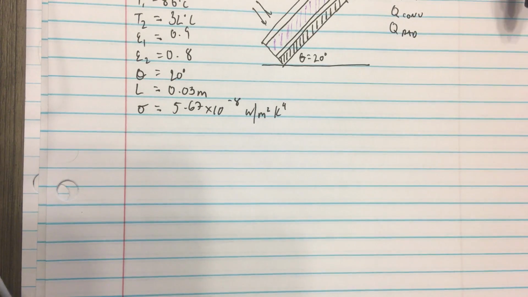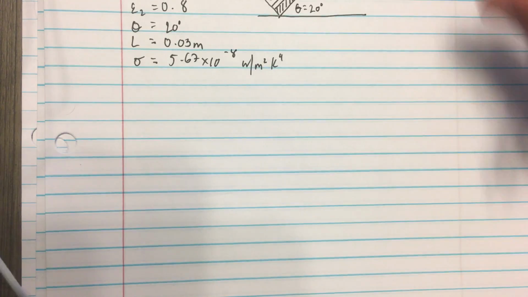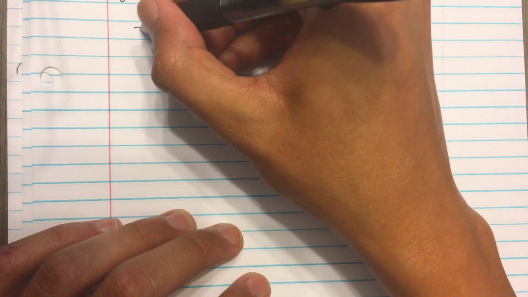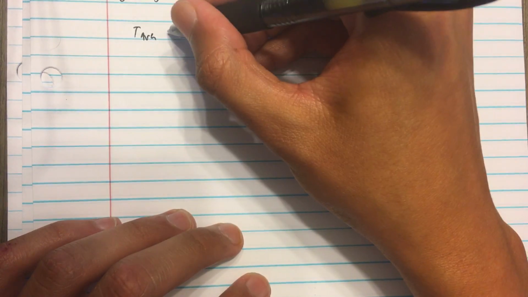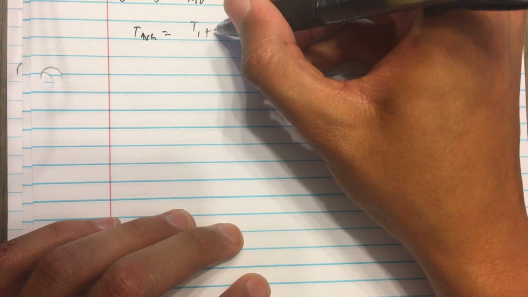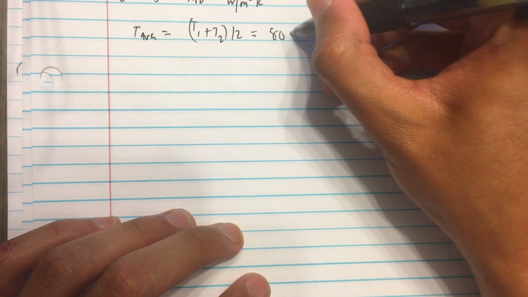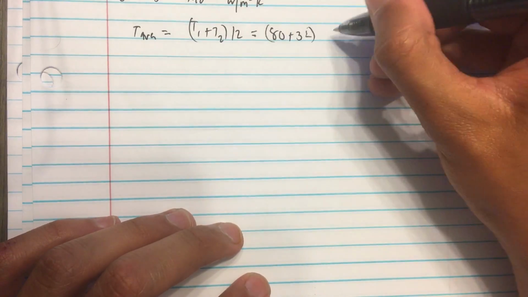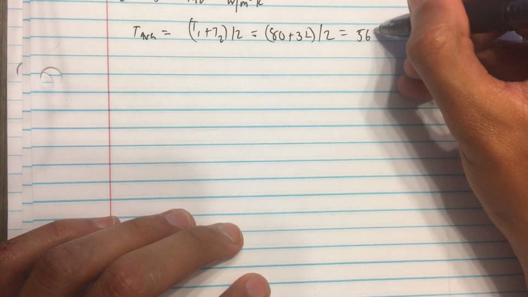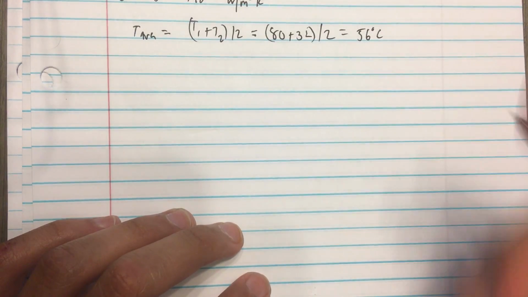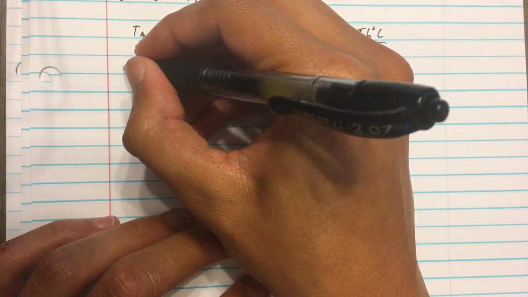Alright, so first step is to find the average temperature. That is T1 plus T2 divided by 2. Real simple, 80 plus 32 divided by 2 is 56 degrees Celsius. Then using this, we get the properties.